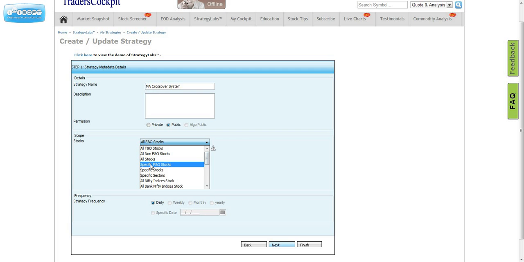You can run it against all the stocks or particular FNO stocks. You can select particular stocks, all the FNO stocks, or only Bank Nifty. Everything is possible here. So in screen 1, you name it and define the scope. You may want to give some description so that you can recall it later, and you want your system to run daily. Before we make it live, we will backtest it also. Great, so we are ready to go.